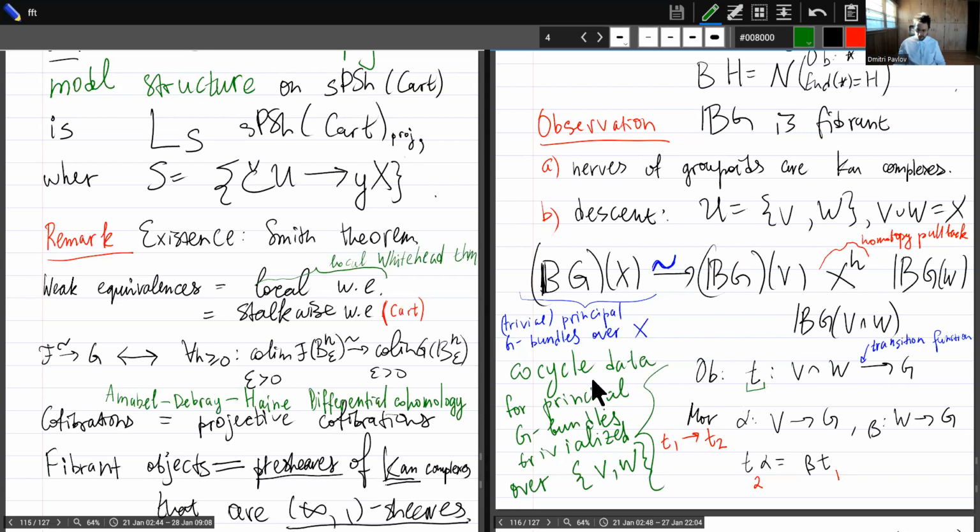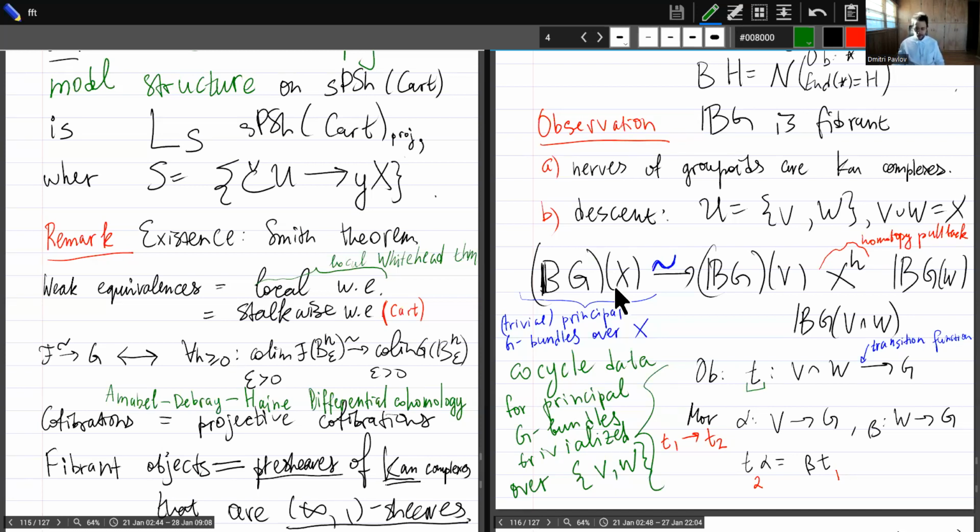So as you can see, you recover the description of principal G bundles over X, the manifold you are mapping from, to BG with respect to some good open cover of X. So you see that mapping any manifold into BG allows you to recover the groupoid of principal G bundles over X.